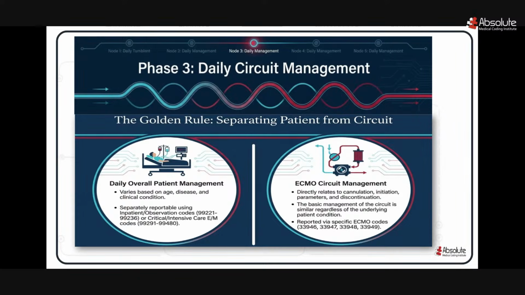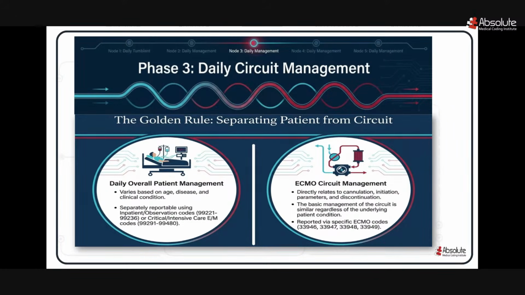And then we also have to manage the ECMO circuit. That's a device, right? So that machine or that circuit also requires management. The physician here should continuously watch how the blood flow rates are, how the oxygenation settings are, and how the gas exchange is functioning.